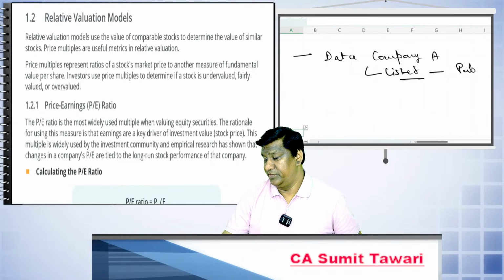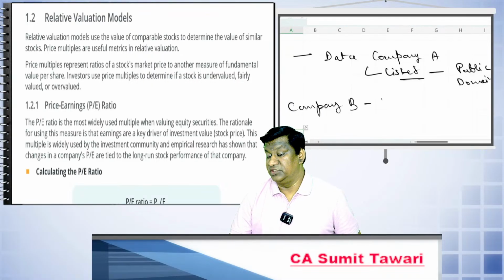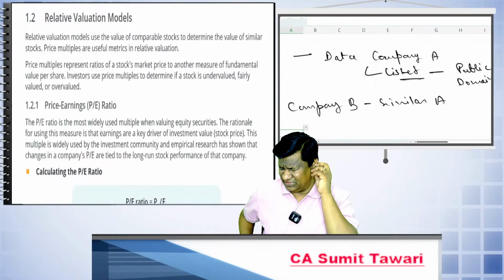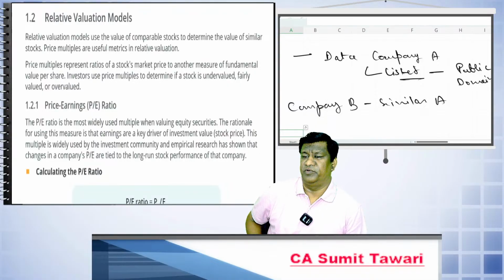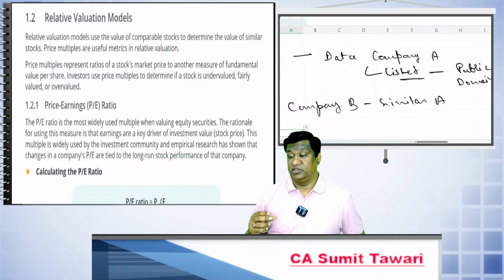And company B is similar to company A in terms of size, business, in terms of everything. Whatever product company B is dealing in is more or less the same as company A. Whatever may be company A's turnover, maybe the same level of turnover for company B. So it is similar to company A.